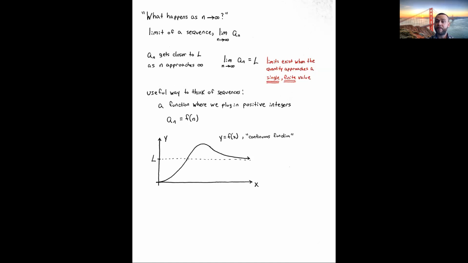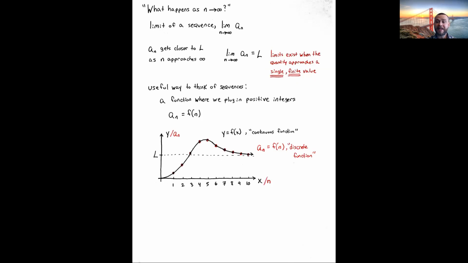Now, how we relate this example to what we'll call a continuous function, a function that you might have been familiar with through your previous courses. How we get a sequence from this is just looking at the values that are positive integers. So 1, 2, 3, 4, 5, and so on. Now, since real numbers include those numbers, 1, 2, 3, 4, and 5, some of these sequence values sit on top of the continuous function.